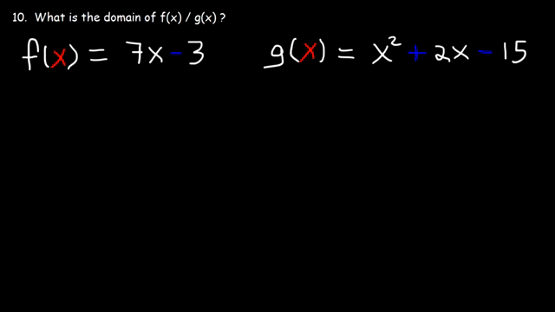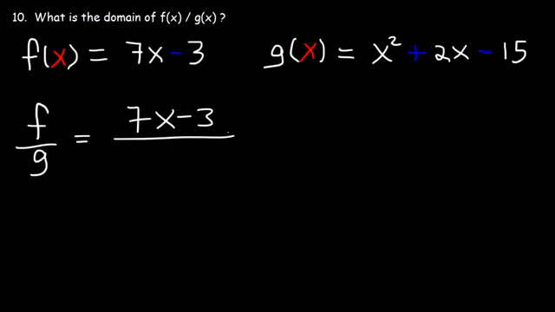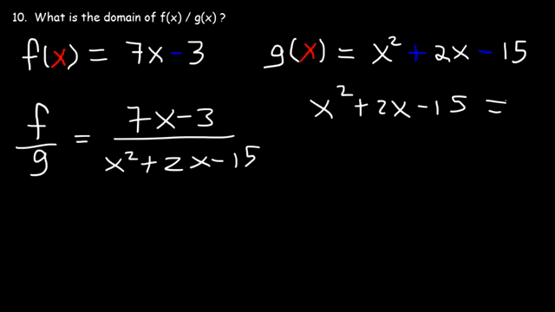Number 10. What is the domain of f divided by g? So f divided by g, that's going to be 7x minus 3 divided by x squared plus 2x minus 15. So x can be anything except any value that's going to produce a 0 in the denominator. So therefore, x squared plus 2x minus 15 cannot equal 0.